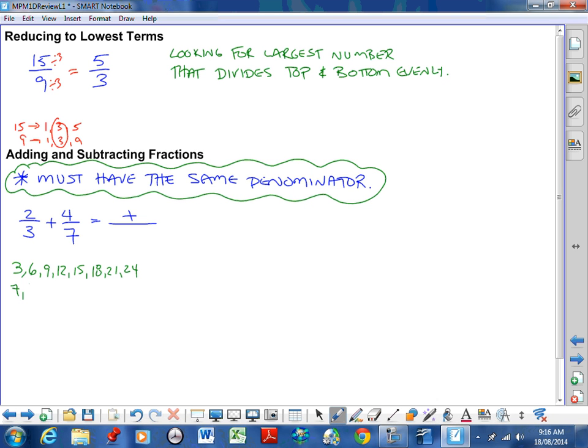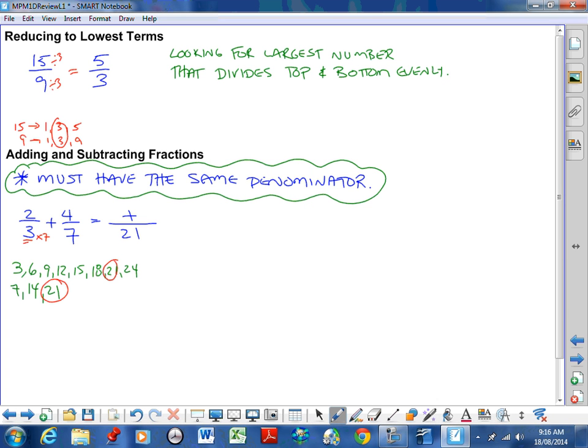With 7, go up by 7s: 14, 21. We found our matching number. This is the long way, of course. You don't have to show all these steps at this point. So the common denominator is 21. They both share a multiple of 21. The 3, to make it a 21, I had to multiply by 7.